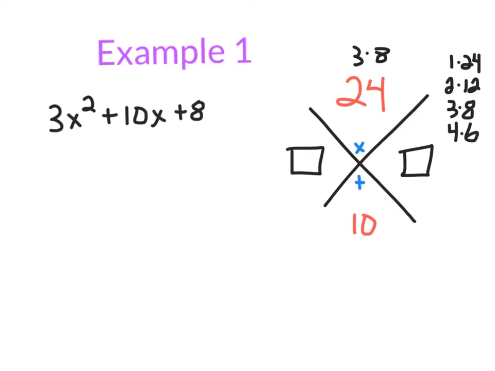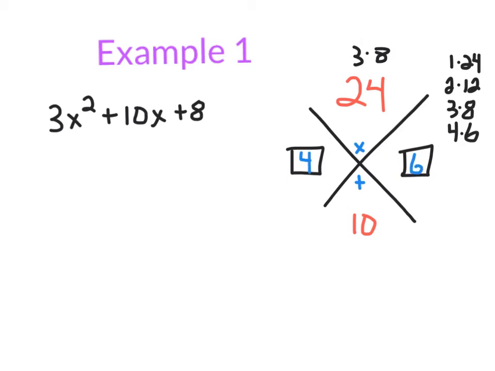Hopefully you notice that 4 times 6 are the factors of 24 whose sum is 10. Both of these are positive, so we're going to use positive 4 and 6. I'm going to go ahead and write those in here. So we have 4 and 6.